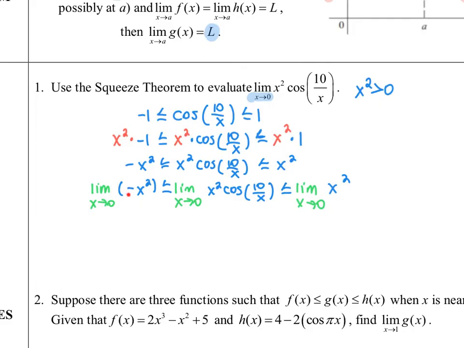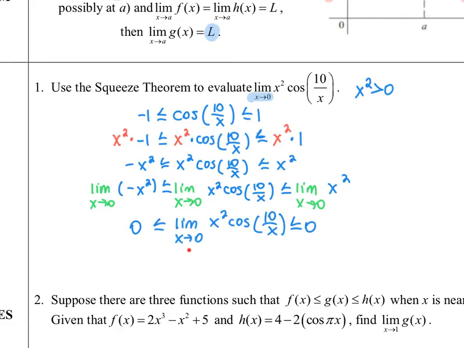Now I'm going to evaluate each one of these limits on the left and on the right, using direct substitution. The limit as x approaches 0 of -x squared is simply 0. And the limit as x approaches 0 of x squared by direct substitution will also give me 0.